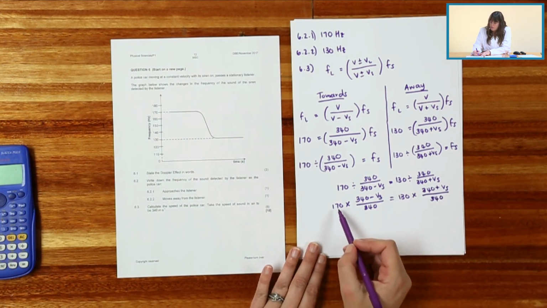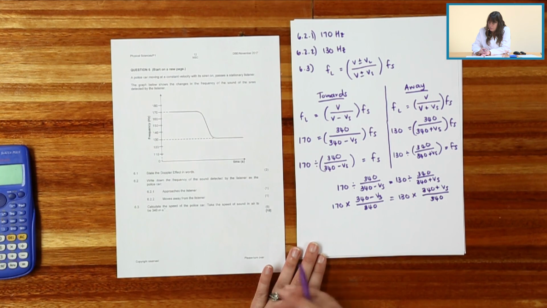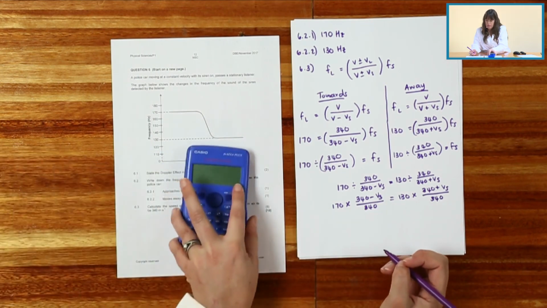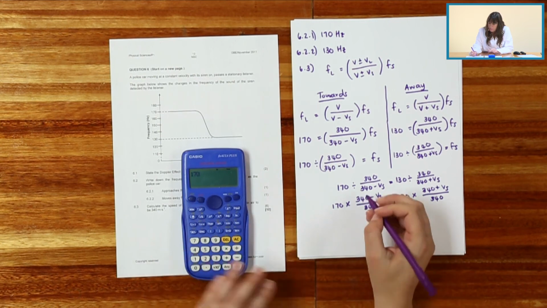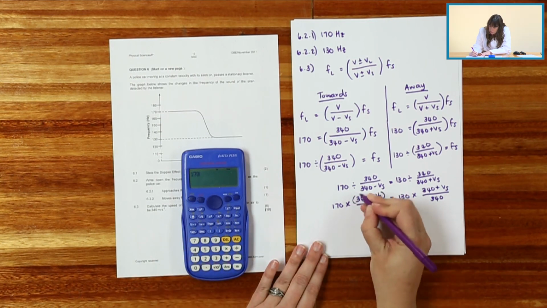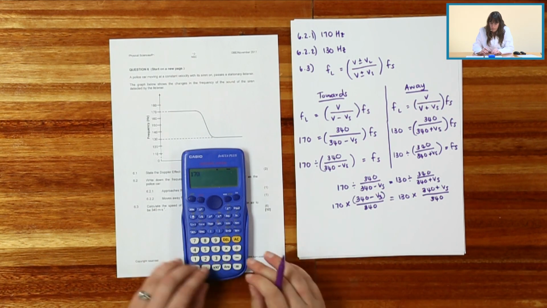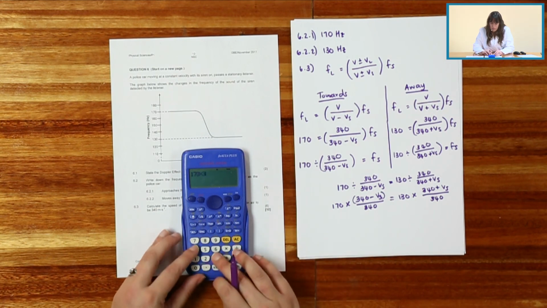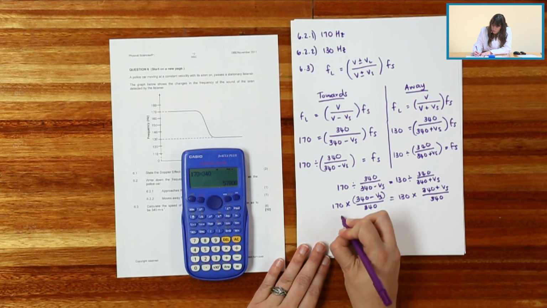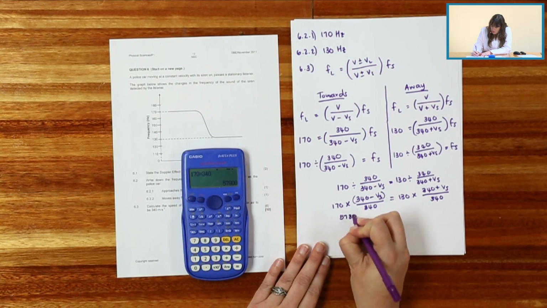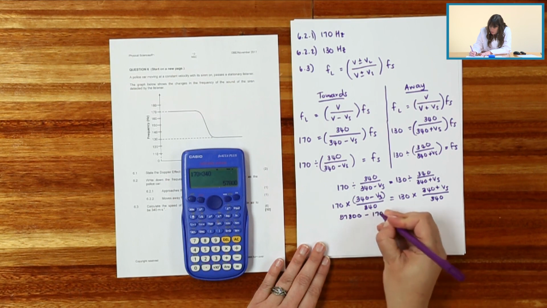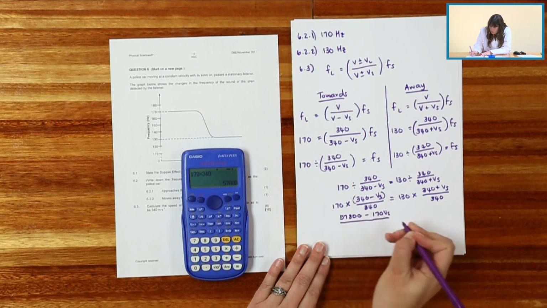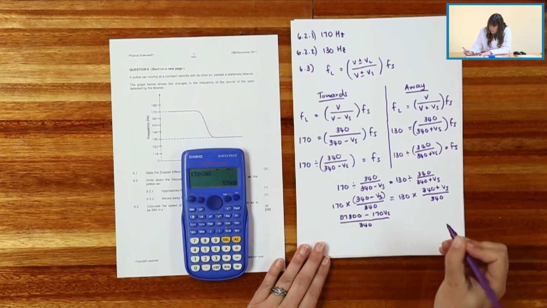And then we've got top times top, bottom times bottom. So we bring our calculator in. We've got 170. Now remember, this is in brackets, so it's got to multiply both things at the top there. So it's 170 multiplied by 340. We get quite a large number, 57,800. And then we've also got to multiply it there, so it's minus 170 Vs. All of that is over 340.